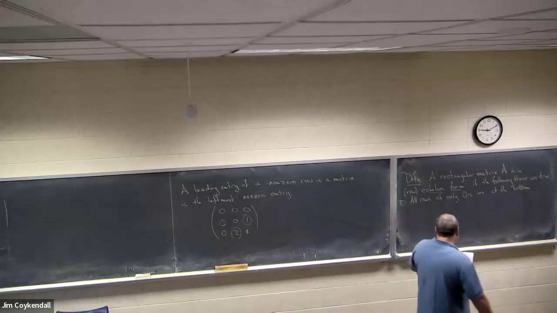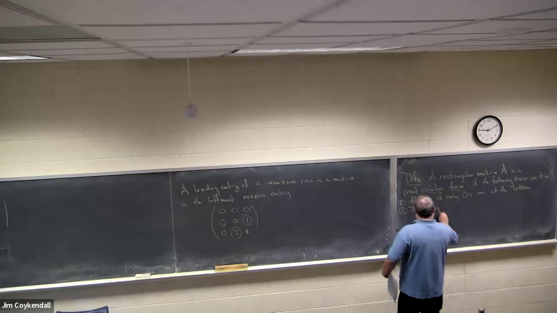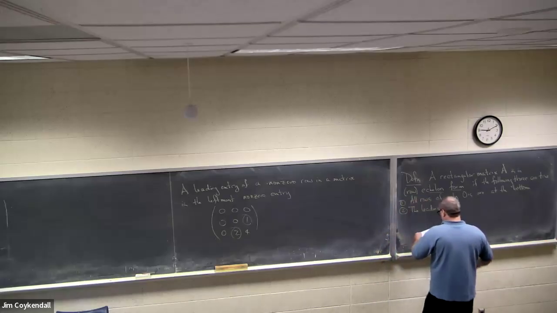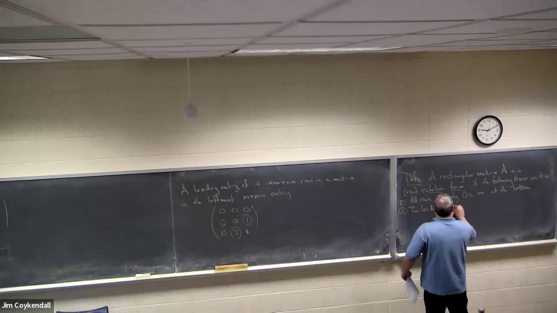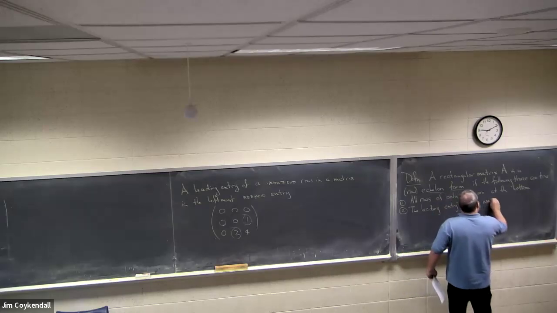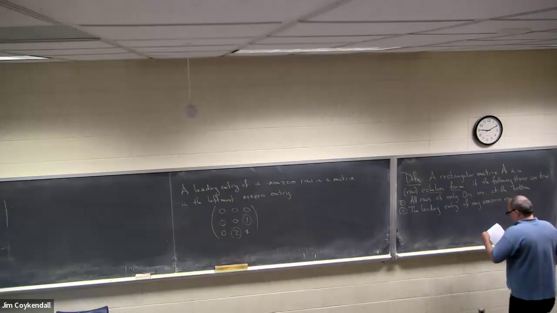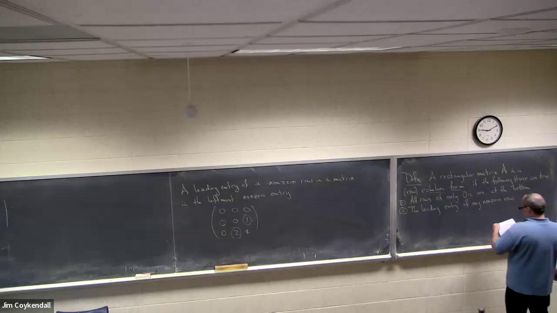Number two, the leading entry of any non-zero row is to the right of the leading entry of the row above.